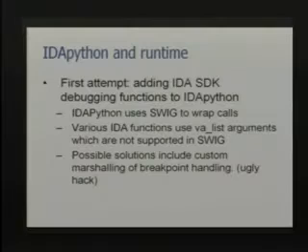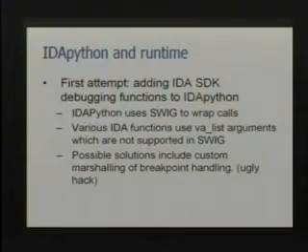So I wanted to use IDAPython, and I wanted to use a debugger with it. The first thing I tried to do is extend IDAPython to be able to use the built-in IDA SDK debugger functions. I ran into a problem that IDAPython uses SWIG, and I don't know how many people have used SWIG, but it's basically like a wrapper class. People use it for Ruby.